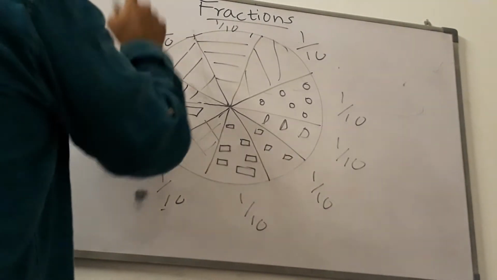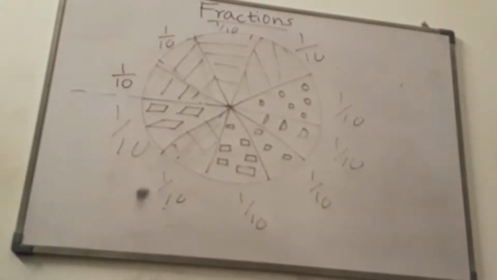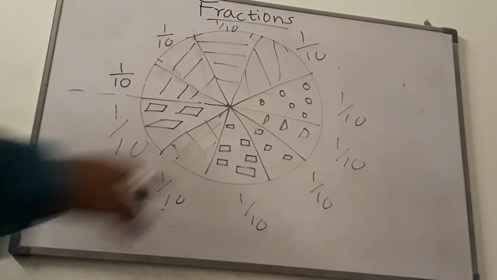So there are 1, 2, 3, 4, 5, 6, 7, 8, 9, 10. There are 10 tenths in a complete whole.